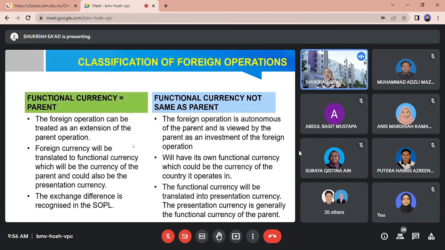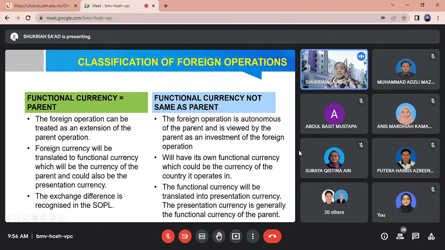Okay, classification of foreign operations. Yang ni penting sebab daripada classification kita nak determine what are the methods that we're going to apply. Number one, functional currency sama dengan currency parents. Macam mana nak tahu?